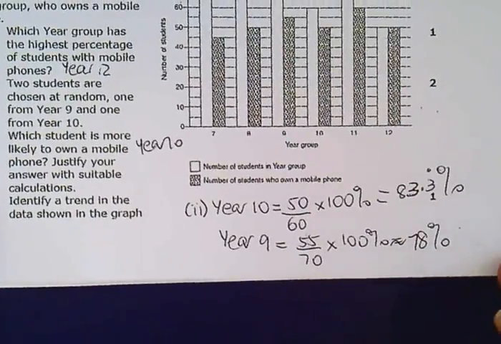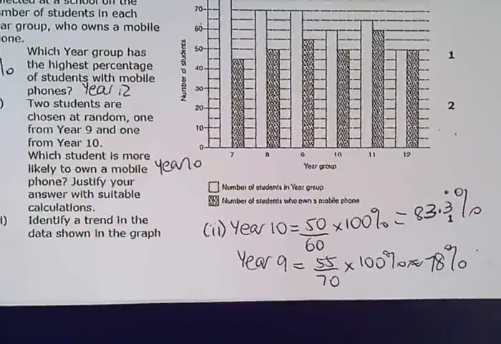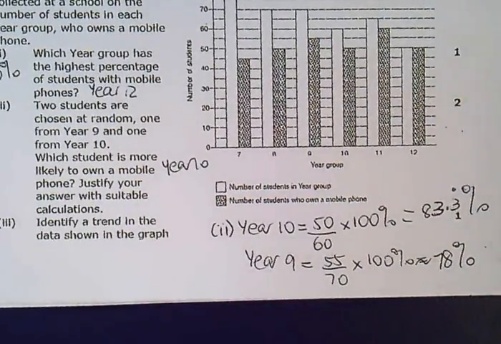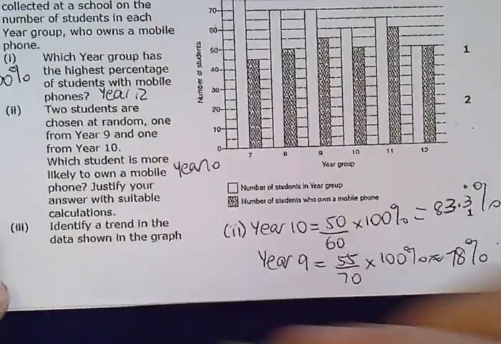And identify a trend in the graph. What do you think? The higher the age of the year group, what? The more likely a student will own a mobile phone.